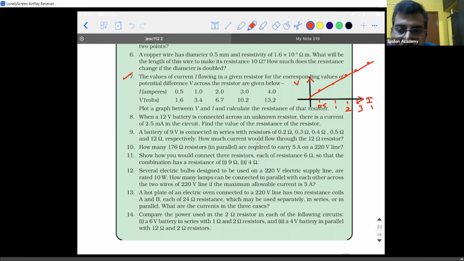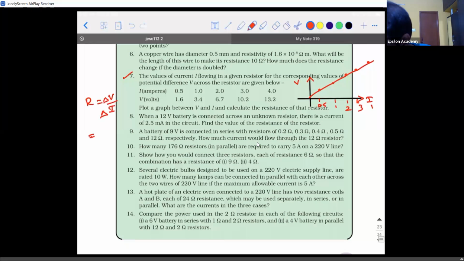Calculate the resistance. What is the basic formula for resistance? R is equal to V by I. Correct? So instead of V by I, I write it as delta V divided by delta I. Delta means change.